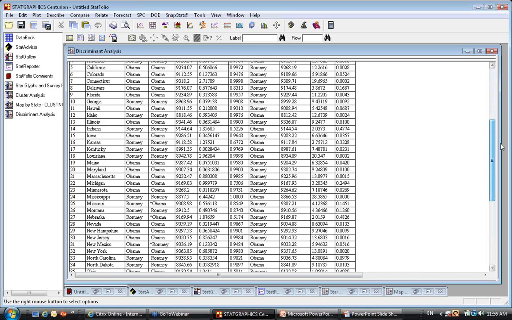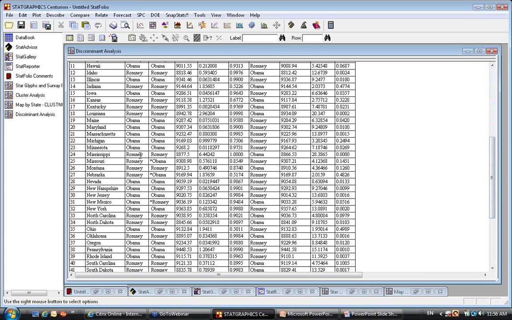If you're curious about the states that we missed: Missouri. They voted for Romney. We would have assigned Missouri to Obama. Nebraska, they voted for Romney. We would have assigned them to Obama. And New Mexico. New Mexico was assigned to Romney. They voted for Obama. So we missed 3 out of the 50 states.